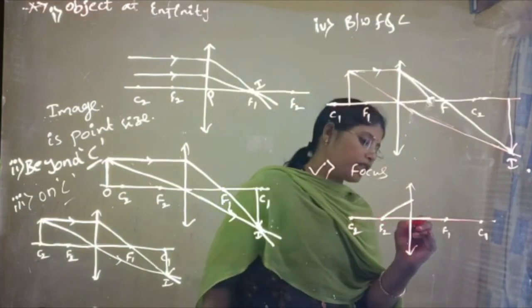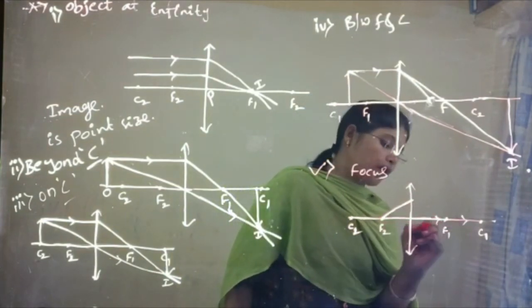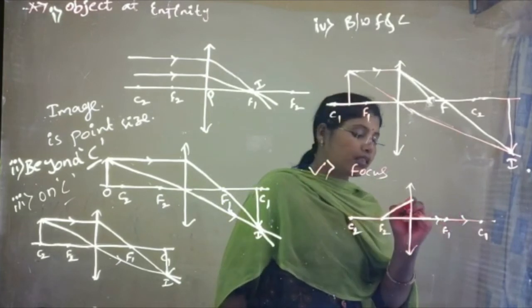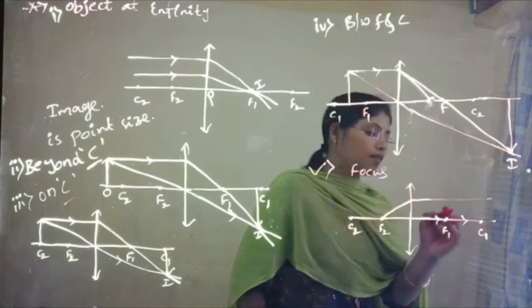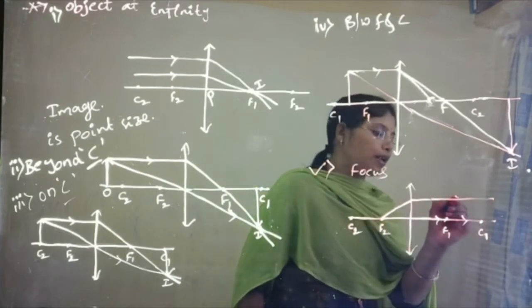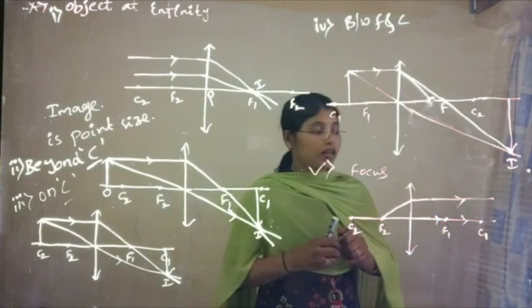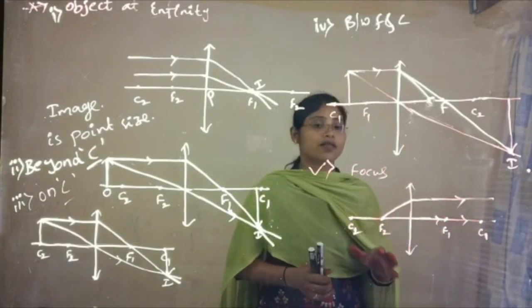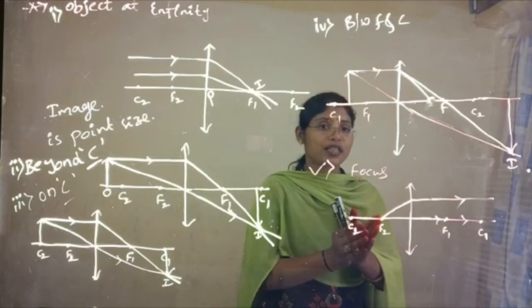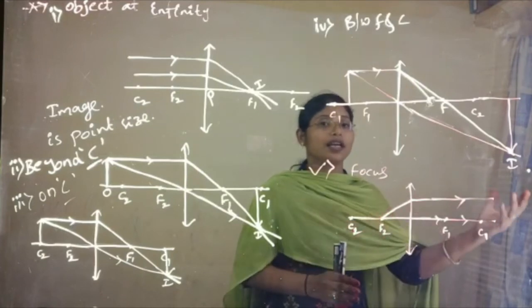One ray passes through the optic center, another one passes parallel to the principal axis, and another one passes through the focus. So here the refracted rays do not converge.